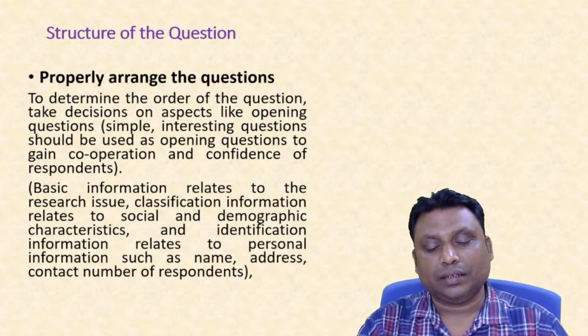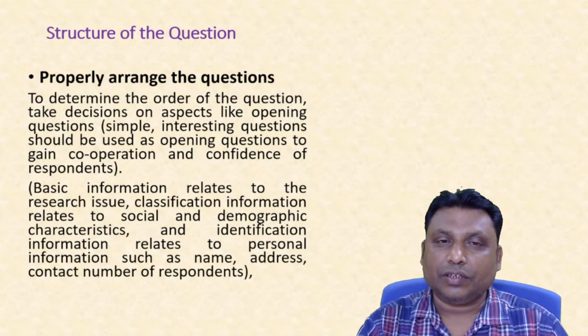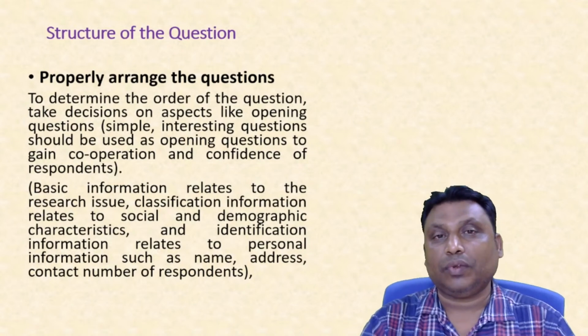Third question is qualification. Fourth question is gender, or you can say sex. Fifth question is qualification. Sixth question is income. Next question should be occupation. Just like this, you have to prepare the questionnaire. That means section A should generally be the demographic profile of the respondents.